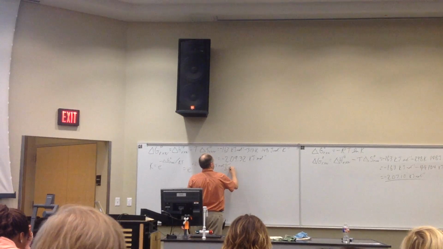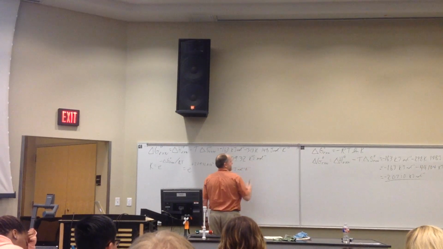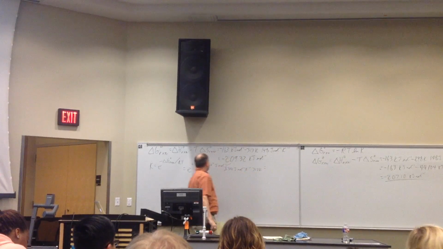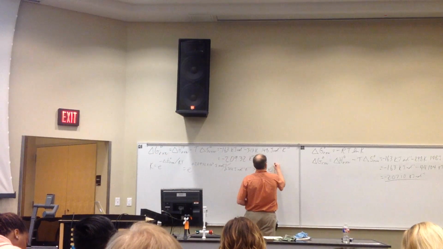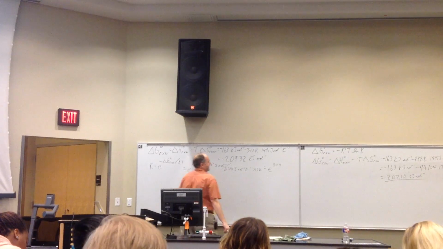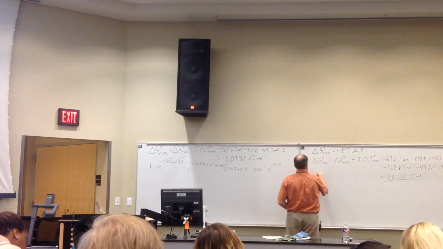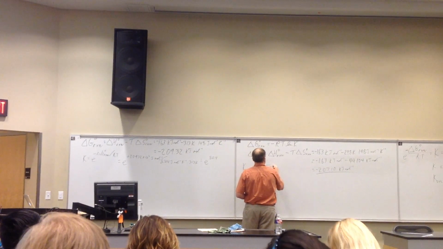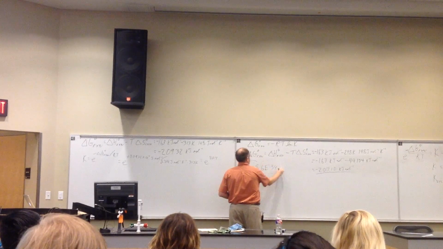Divide that by 8.314 joule per mole per Kelvin times 313 Kelvin. I'm going to get e to the 80.4. So my big K at 40 degrees C is going to be 8.6 times 10 to the 34th power.